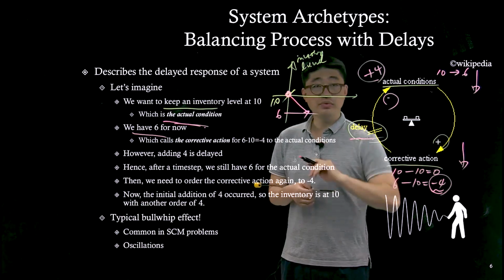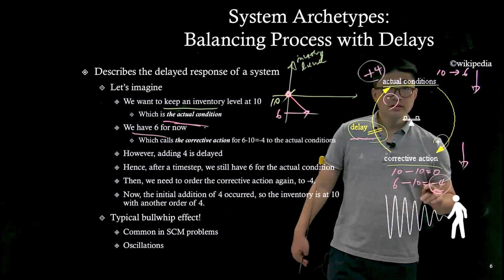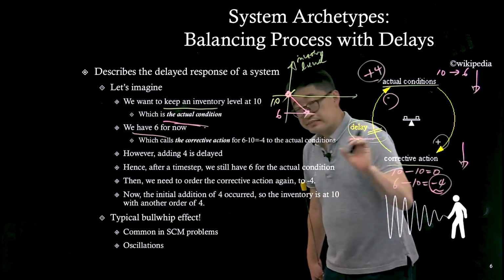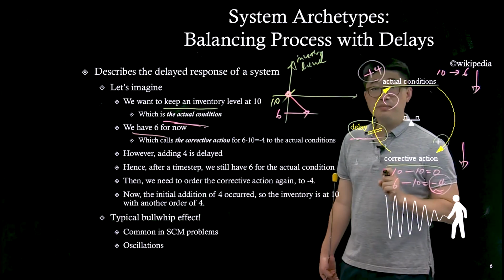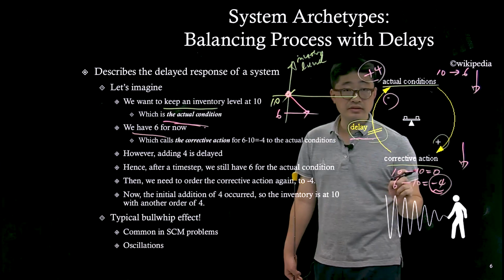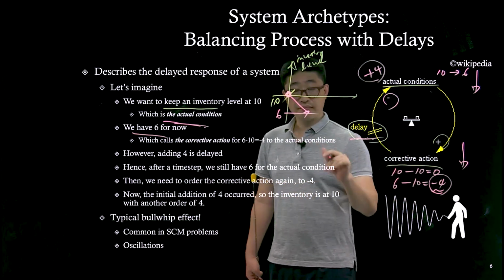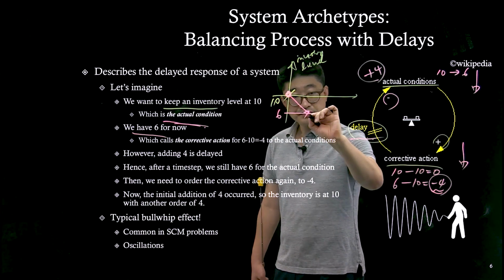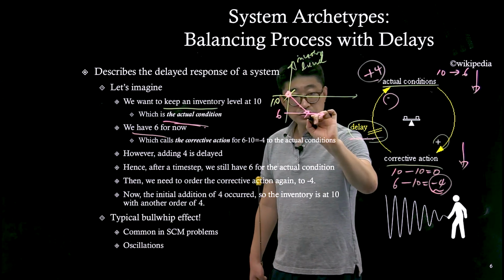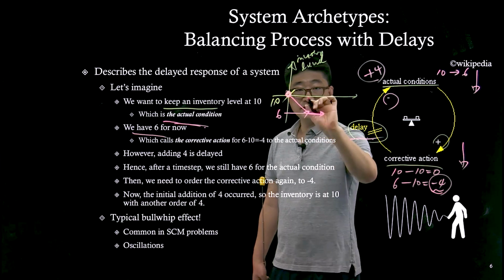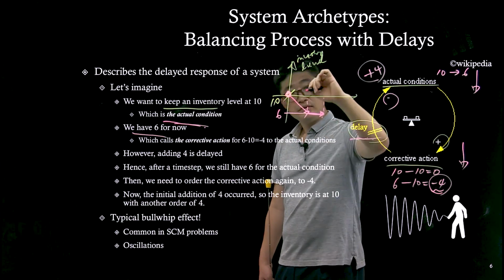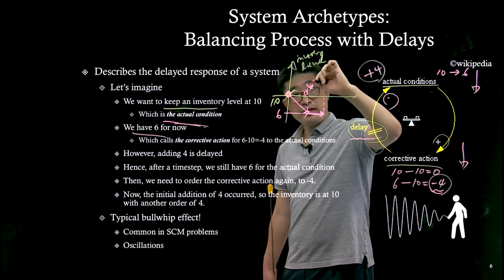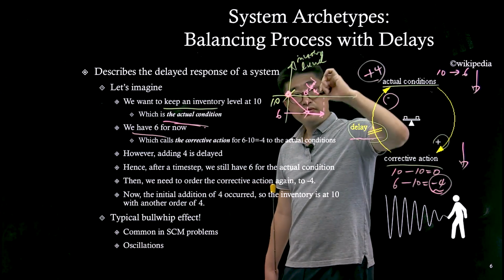So here, remember, we have a time delay, so this minus 4 is being asked for. However, it is not delivered right away. Okay? Another good day. Unfortunately, we were not able to sell. Here is our corrective action, which may be an order for product.